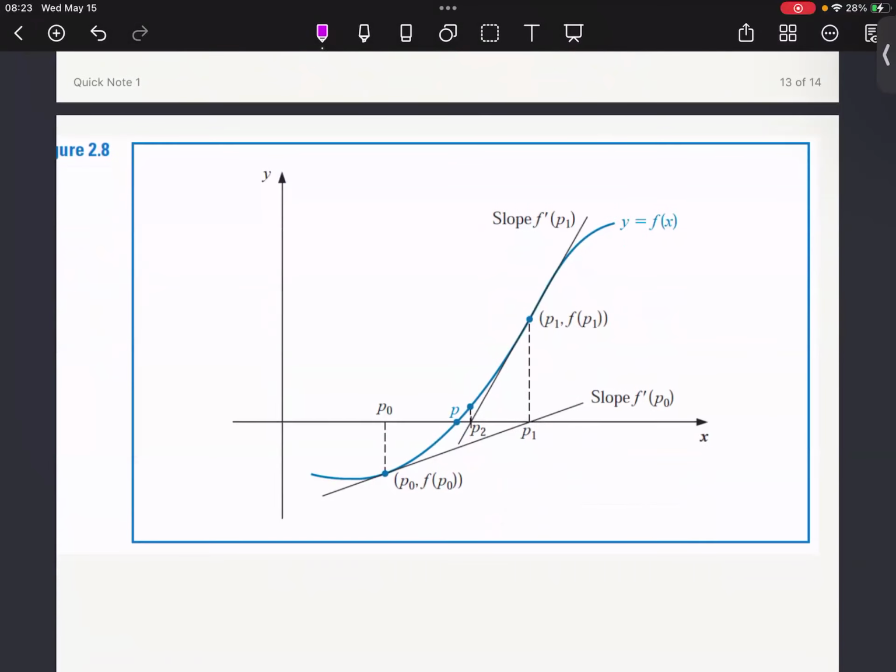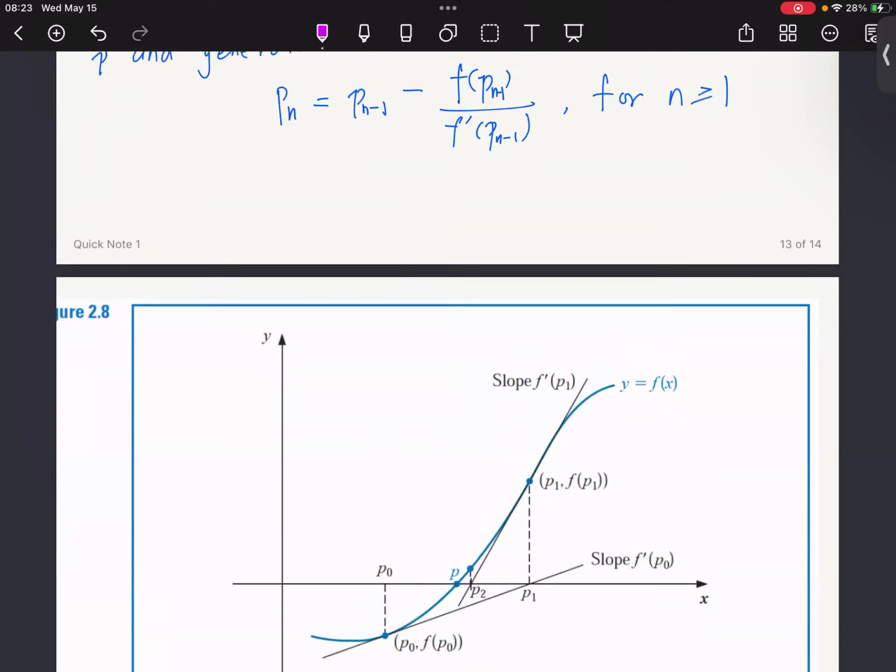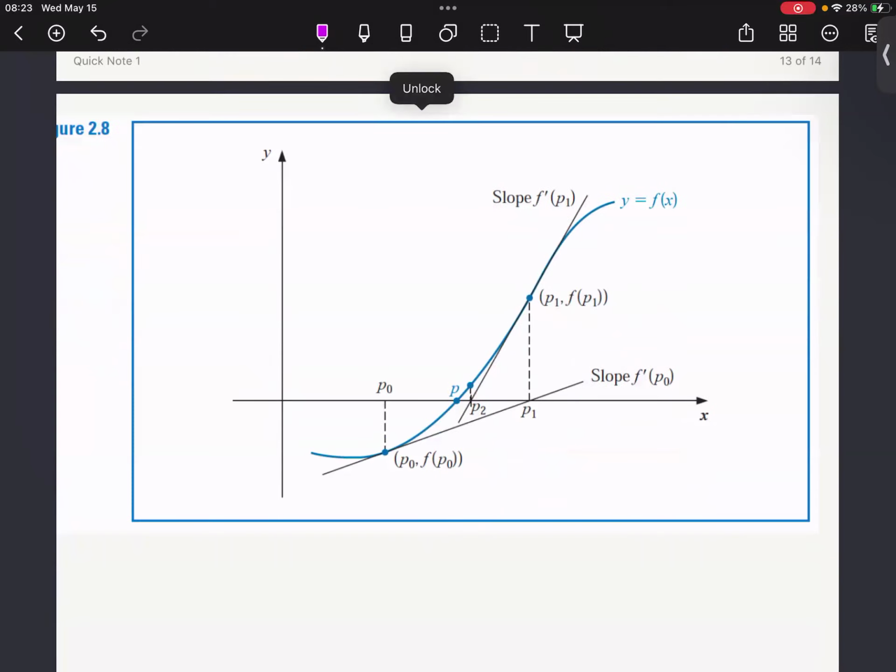I'm going to write down the function here. And let's say this line, what's this line? This black line here is the function with the derivative f prime at P0.